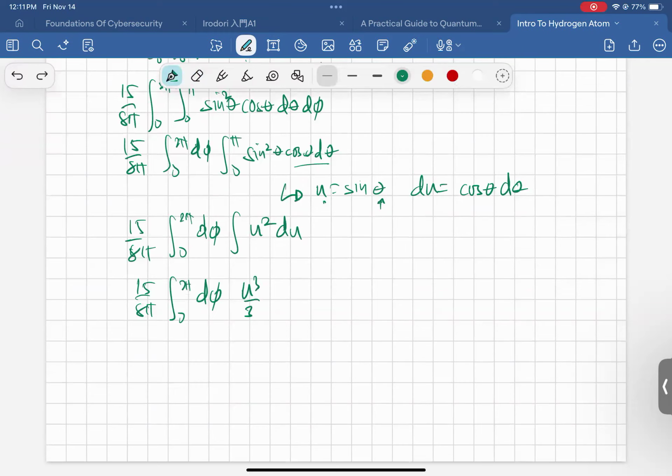Tapos ibabalik natin to 15 over 8 pi, 0 to 2 pi. Actually, evaluate na natin yung 0 to 2 pi na yan. So that's 2 pi, so magiging 15 over 4. And then we have sine cube theta, 15 over 12.